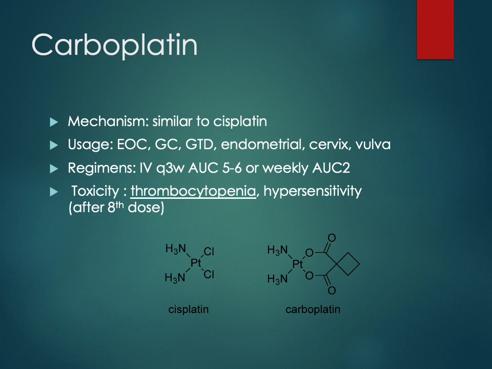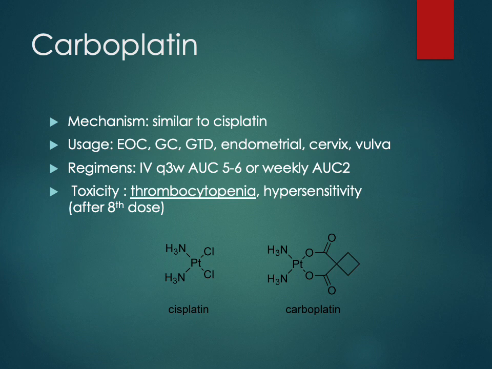So carboplatin sticks physically to the DNA, causes a bend and break in it, and inhibits cell replication by that mechanism. As I mentioned, we use it in epithelial ovarian cancer, but also sometimes in gestational trophoblastic diseases, and endometrial cancer, cervix, vulva. It's really kind of a workhorse for us.